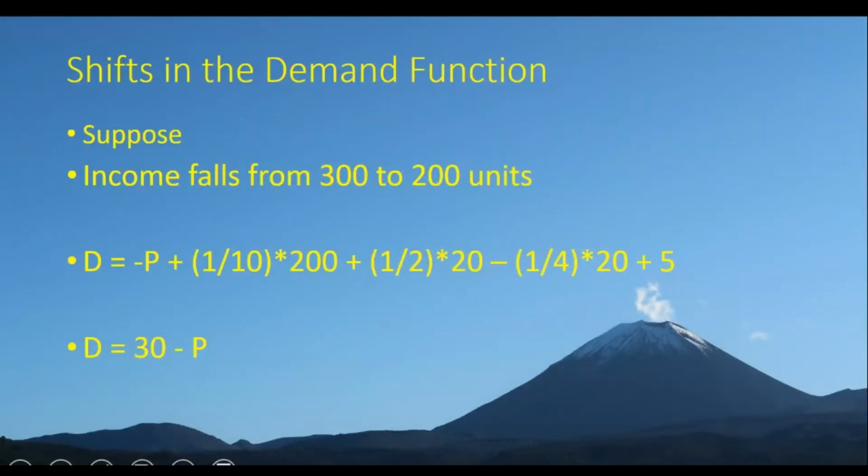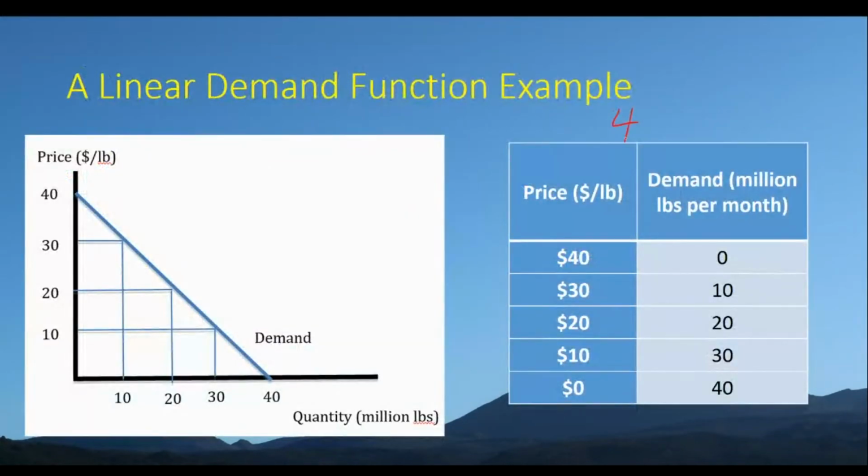All right, now the last thing we want to do here, do a shift of the demand function. We're going to think about how changes in the variables that are incorporated into that 40. You know, we've got 40 minus P, and in this 40, there's a whole bunch of stuff. Well, we're now going to think about how and in which direction this graph is going to change or shift around in response to changes in the invisible variables now.